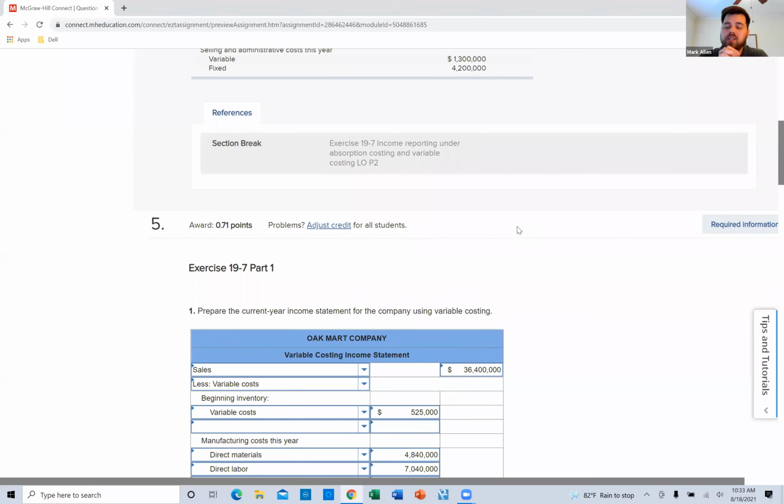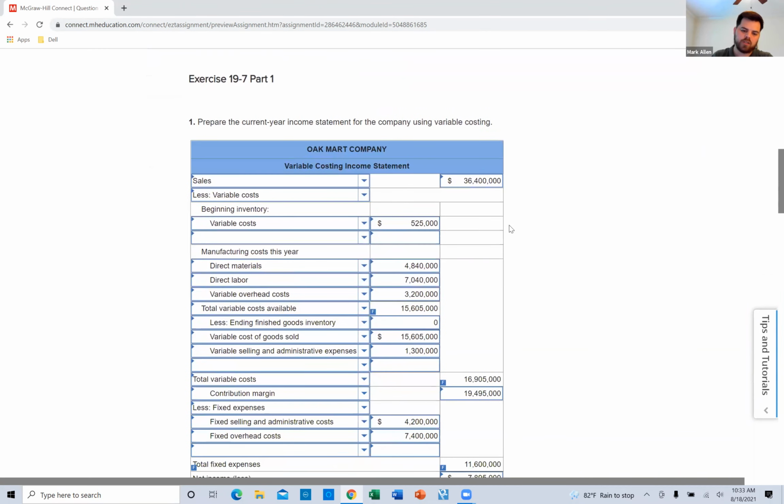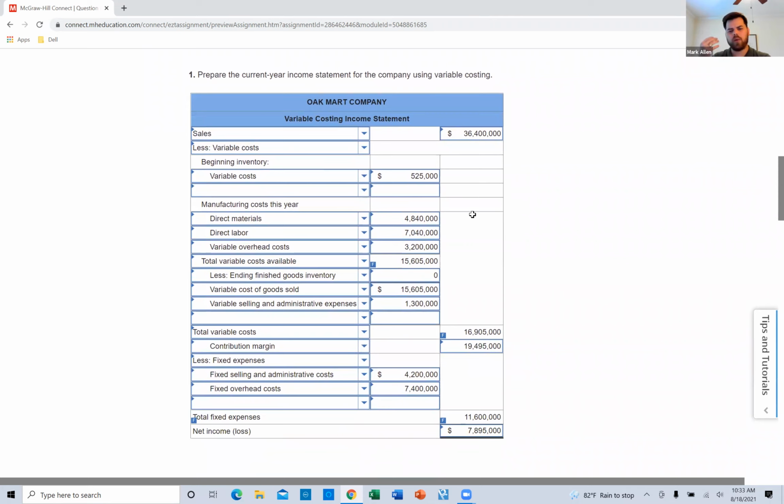So here in number 5, let's go ahead and get started. In number 5, we want to prepare the current year income statement for the company using variable costing. So hopefully while we were up top, you got that picture taken. If not, just rewind the video a little bit, hop back, take a picture of that, and we'll get started. So in this case, we needed our sales.